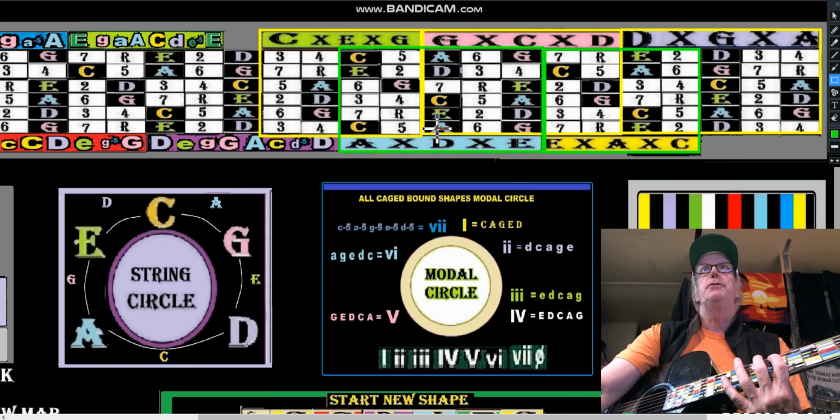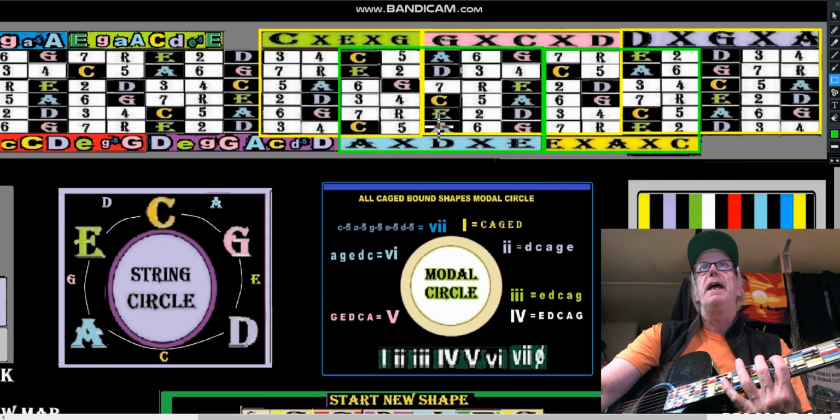That doesn't mean that's the A note, but in actuality, the A here and the A here are the same, and the E here and the E here are the same, so they're representative of the string shape.